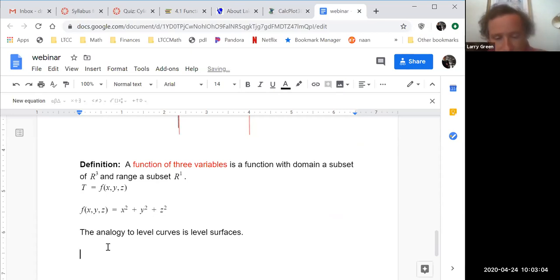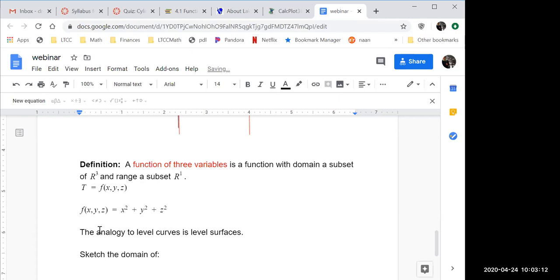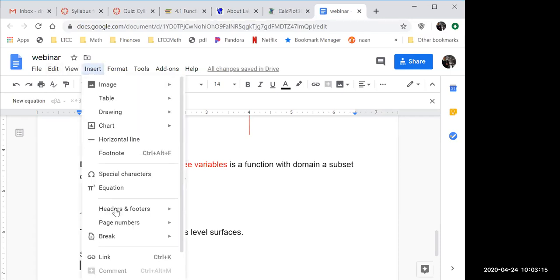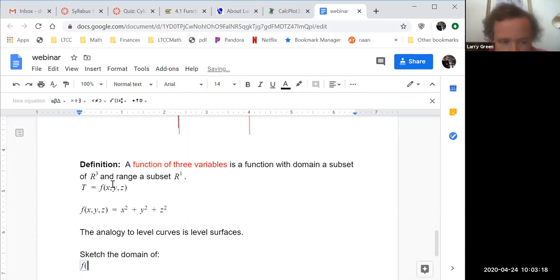Another question is sketch the domain of f of x, y, z equals xy over z minus x squared minus y squared.